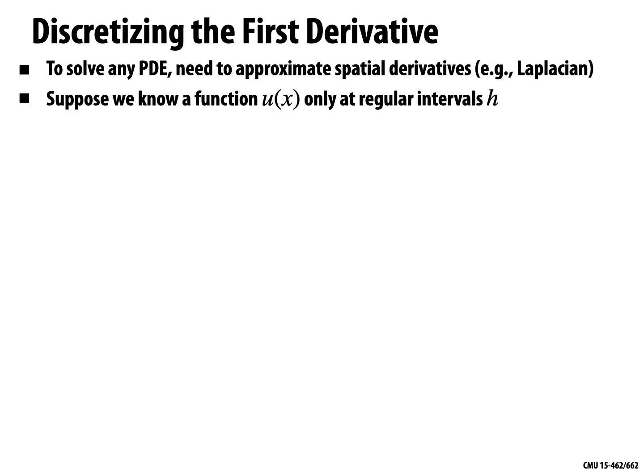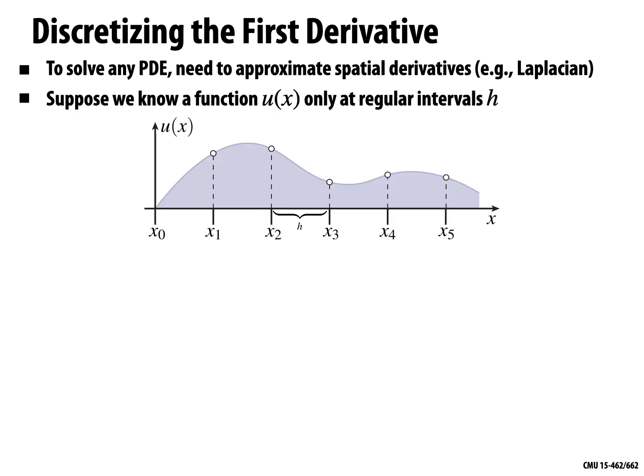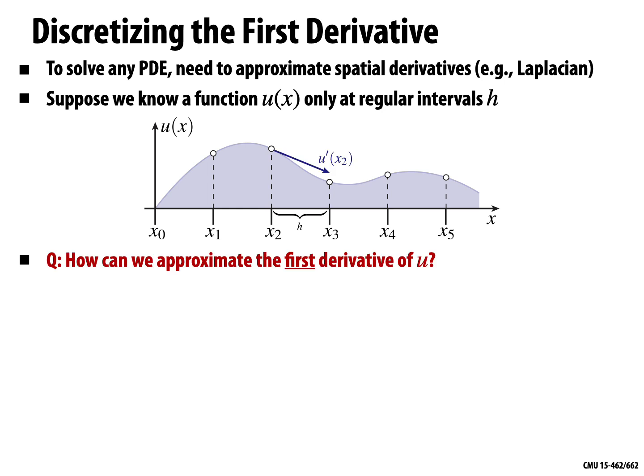So let's say we know a function u of x only at regular intervals h, right? So this blue curve is the true function u, but we only know the value of u at x1, x2, and x3, and so forth, and those points are separated by a distance h. So how can we approximate the first derivative of u?